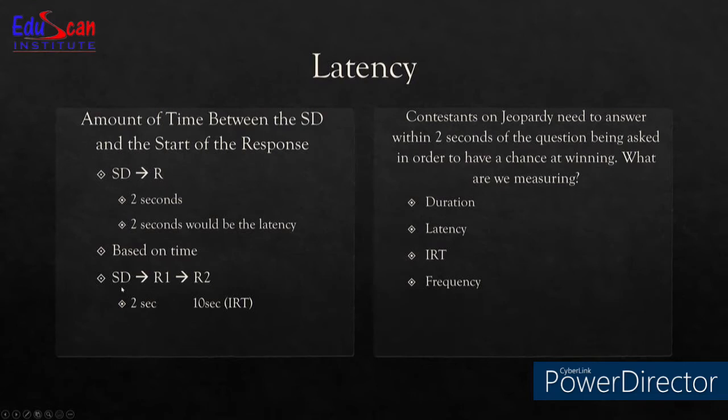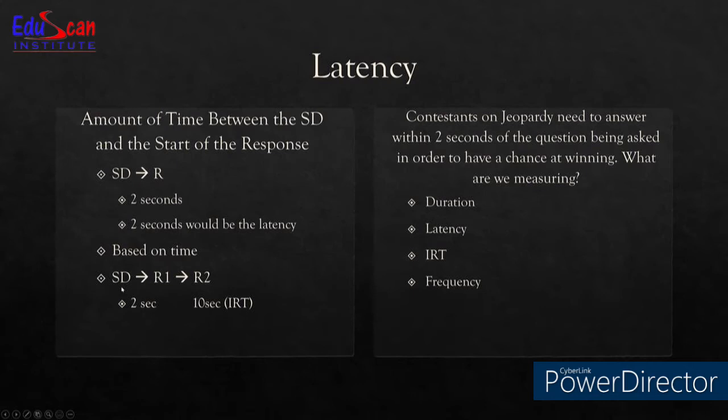So students, be clear that latency is different from inter-response time. Inter-response time is a gap between two consecutive responses, whereas latency is a gap between the SD, the discriminative stimulus, and the beginning of the response.